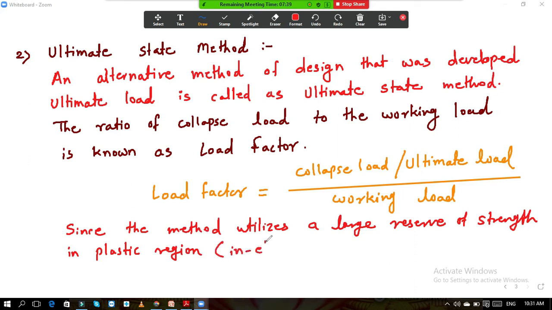Okay, inelastic region means plastic region.